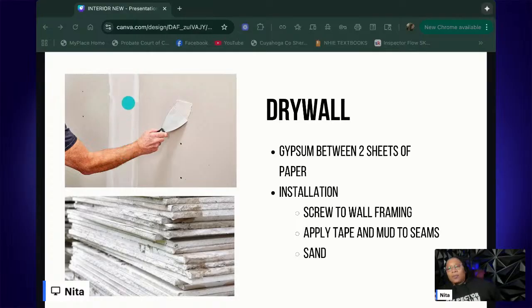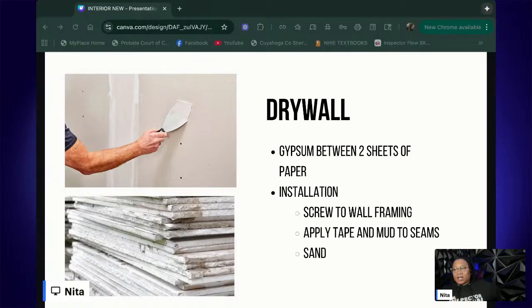So you apply what they call mud or joint compound to the seams. Where the sheets of drywall meet, those are seams. You mud them and then you add a layer of tape, not regular tape, but drywall tape, over those seams. And then you skim or sand.